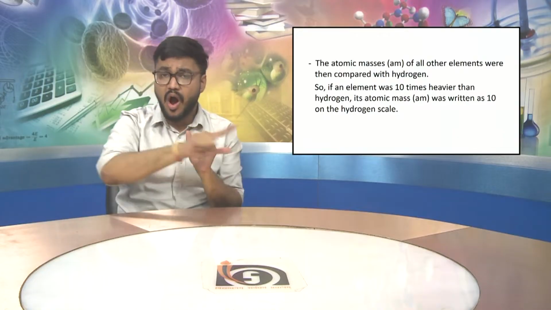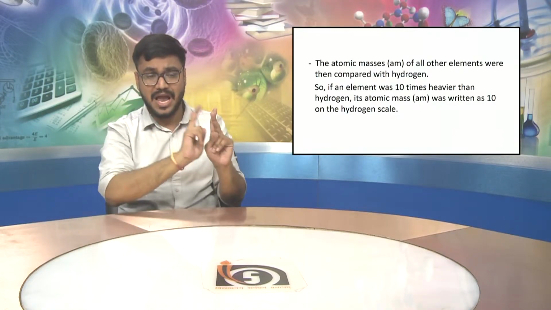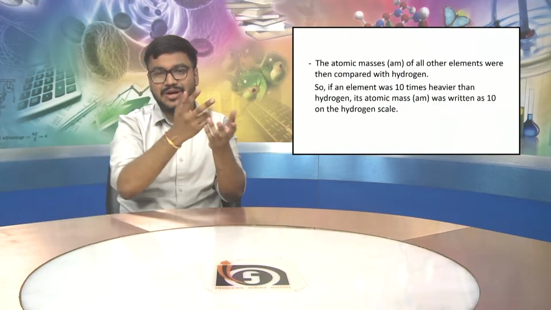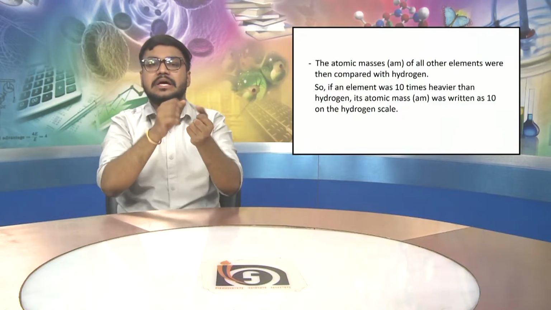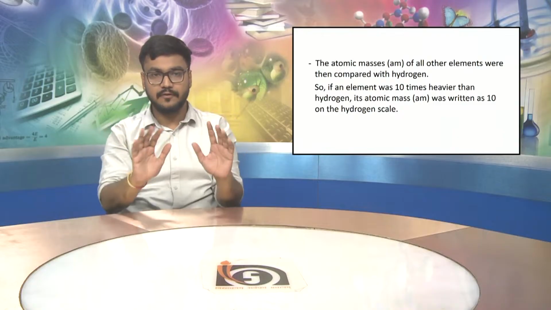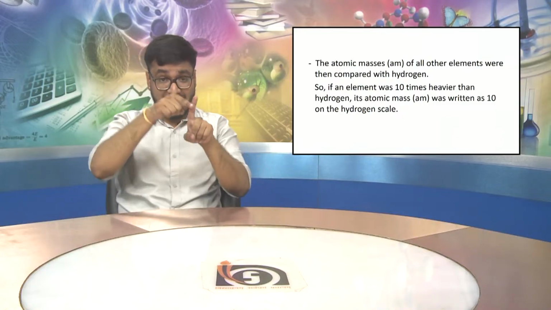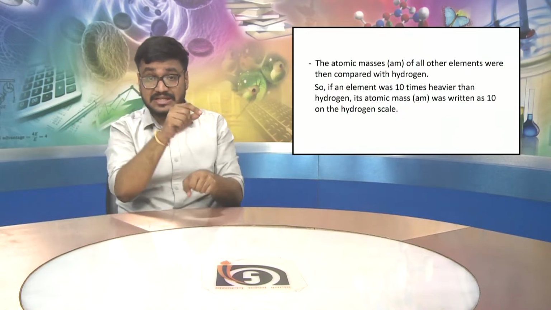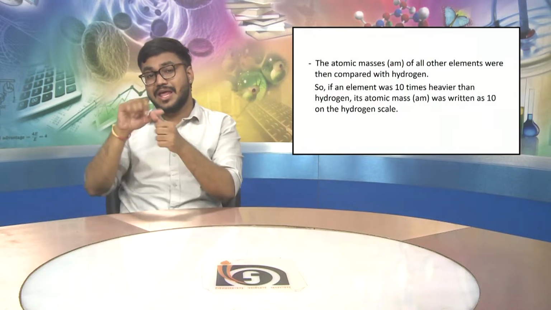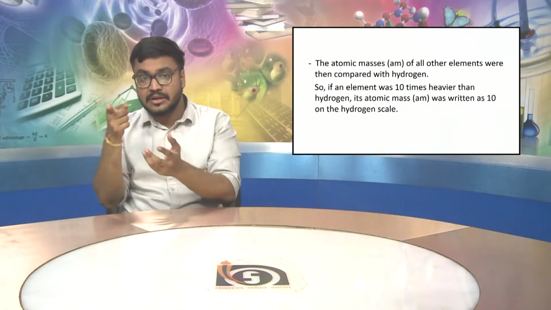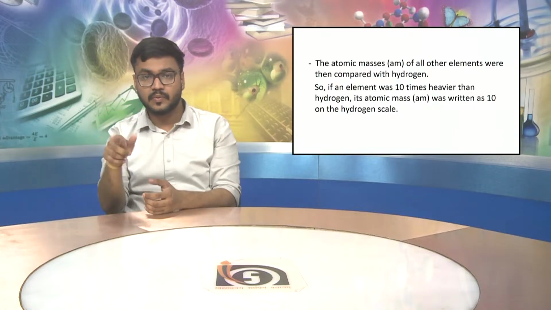The atomic masses of all other elements were then compared with hydrogen. So, if an element was 10 times heavier than hydrogen, its atomic mass was written as 10 on the hydrogen scale.